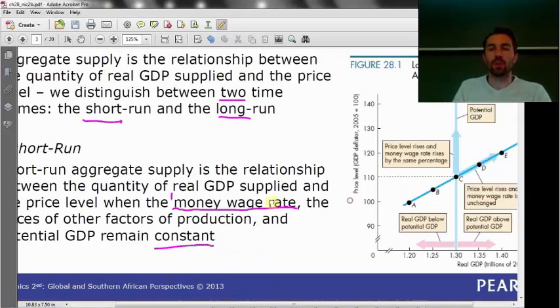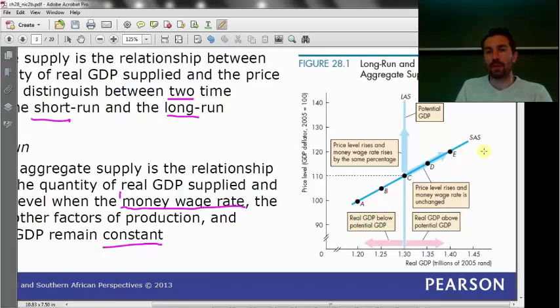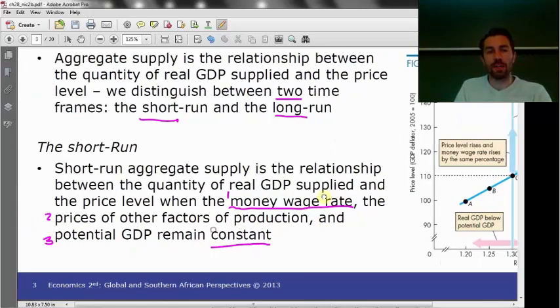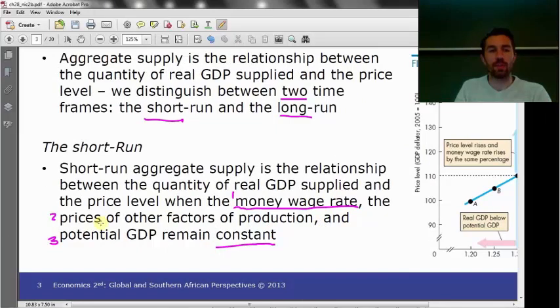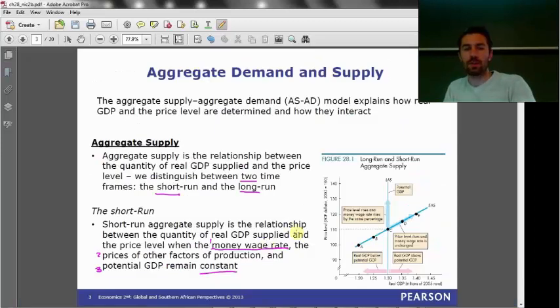So this short run relationship assumes that money wage rates, as well as prices of other factors of production, as well as potential GDP, remain constant. We will talk just now about what happens when those change.